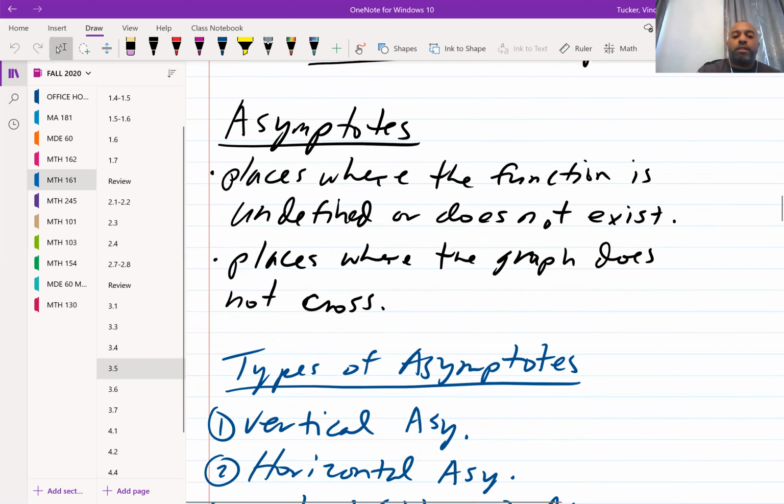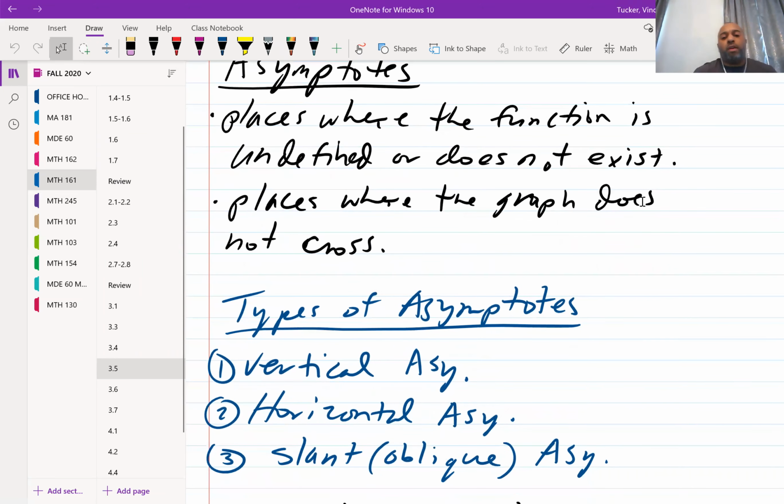All right, there are 3 types of asymptotes. We have vertical asymptote, horizontal asymptote, and a slant or oblique asymptote.